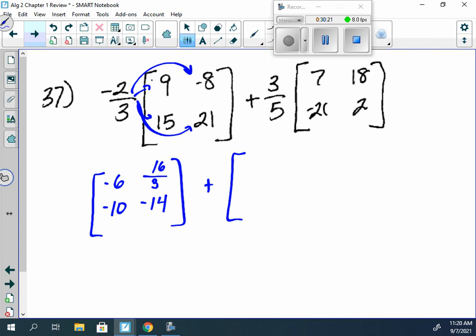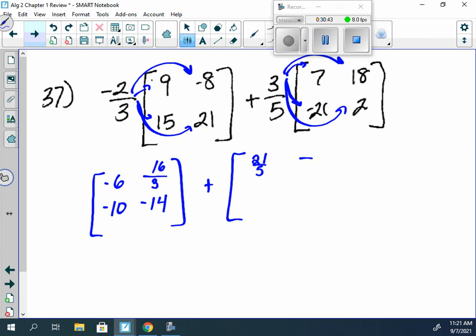So really what we're doing is we're just multiplying each of those elements by that number out front. So are we good with this here? Yes. Now the next one is we're going to multiply all of these here by 3/5. So here we would have 21/5.